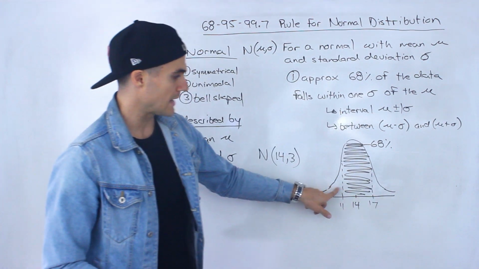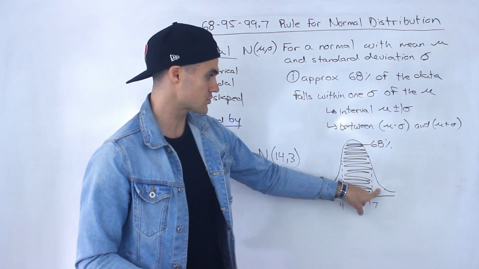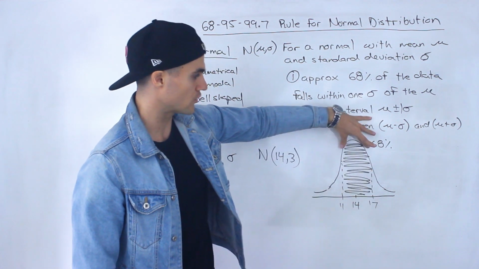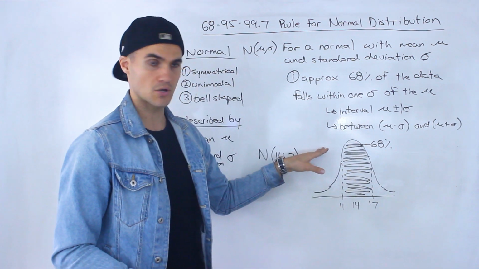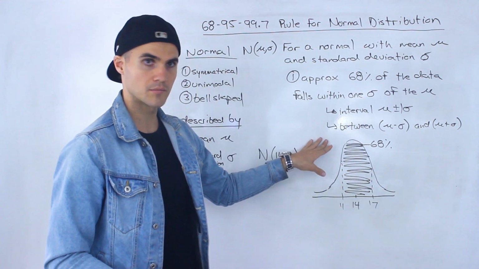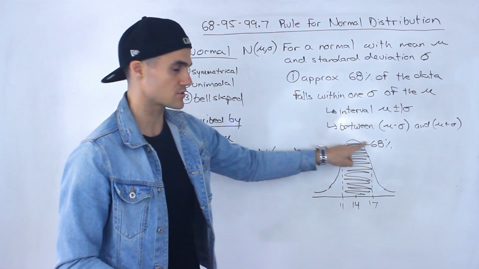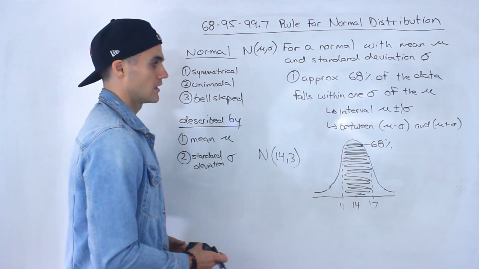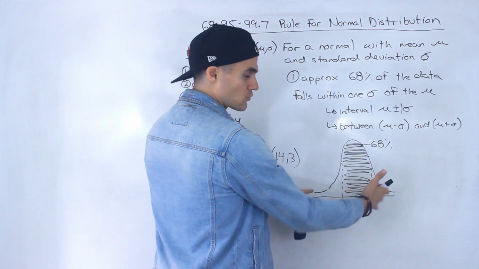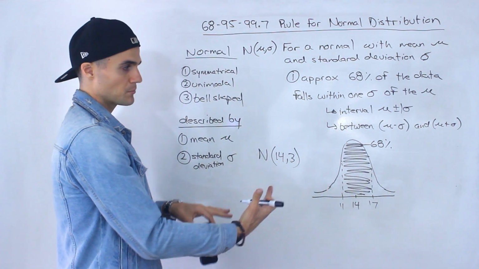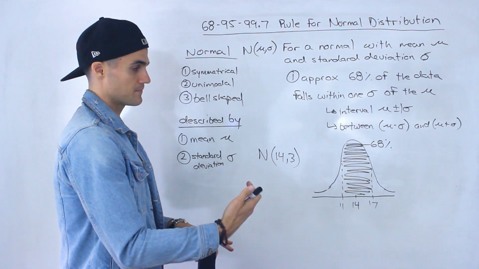Now, what about these remaining areas in the normal distribution? We've got this 68% covered here. And if you remember, the whole area under a density curve is always equal to 1, but in this case, we're dealing with percentages, so it's going to equal 100. So if 68% of the data is covered here, then what's the remaining area? Well, it's going to be 100 minus 68, which is 32%.